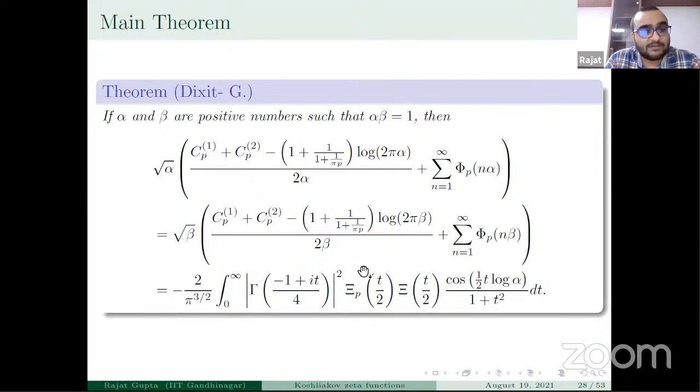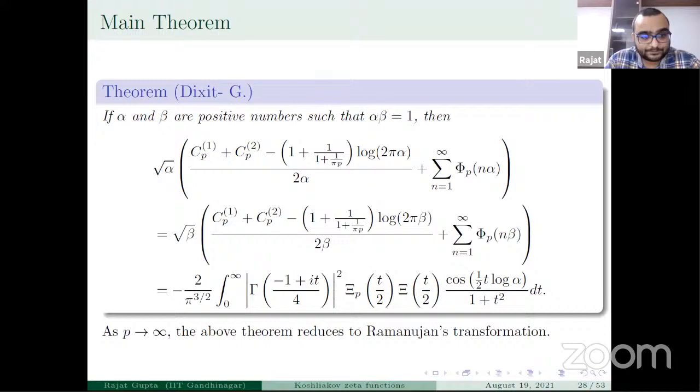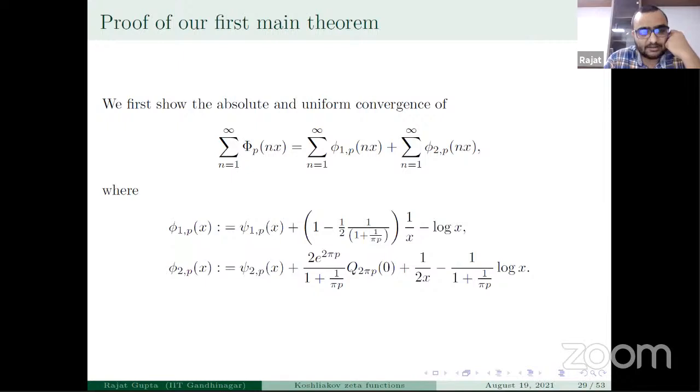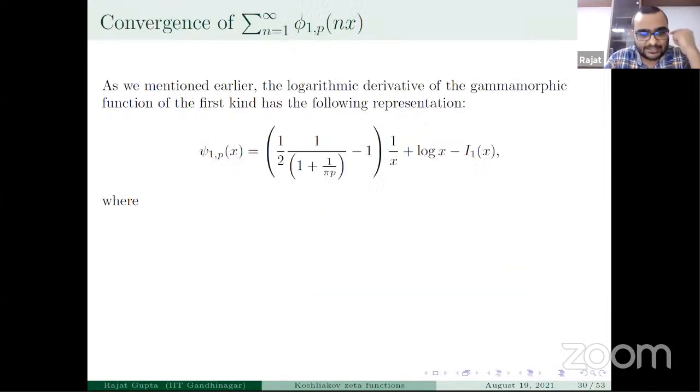Let me give a brief sketch of the proof. As p tends to infinity, the above formula reduces to Ramanujan's transformation. We first show the absolute and uniform convergence of this series, where phi1 and phi2 of p are defined by this.